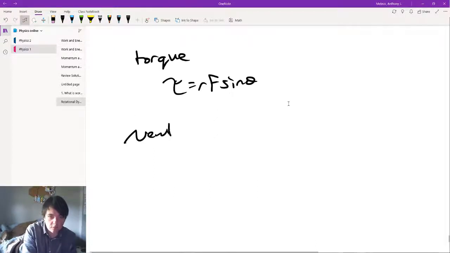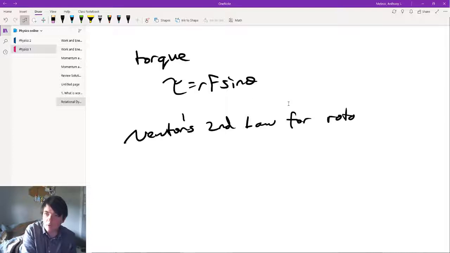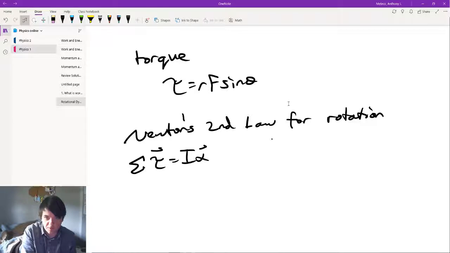We had Newton's second law for rotation, and that was tau equals I alpha, and then the linear case, right?